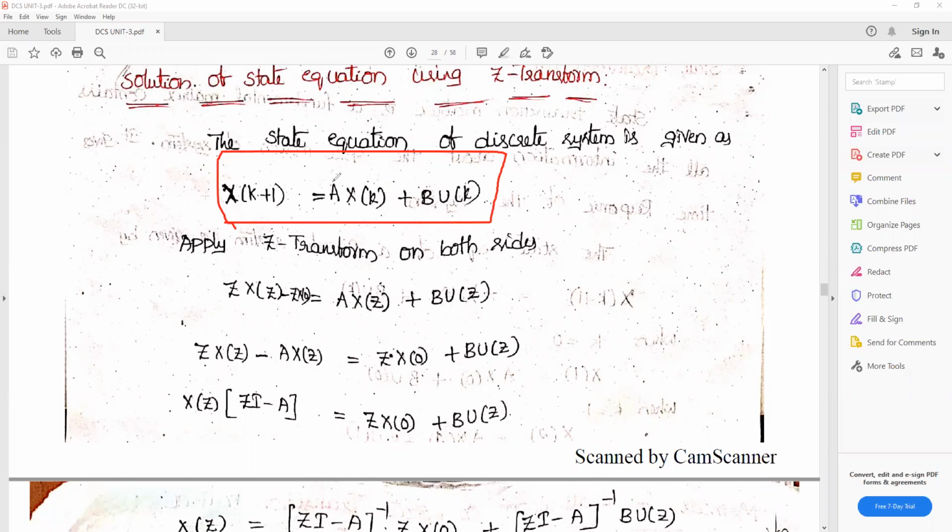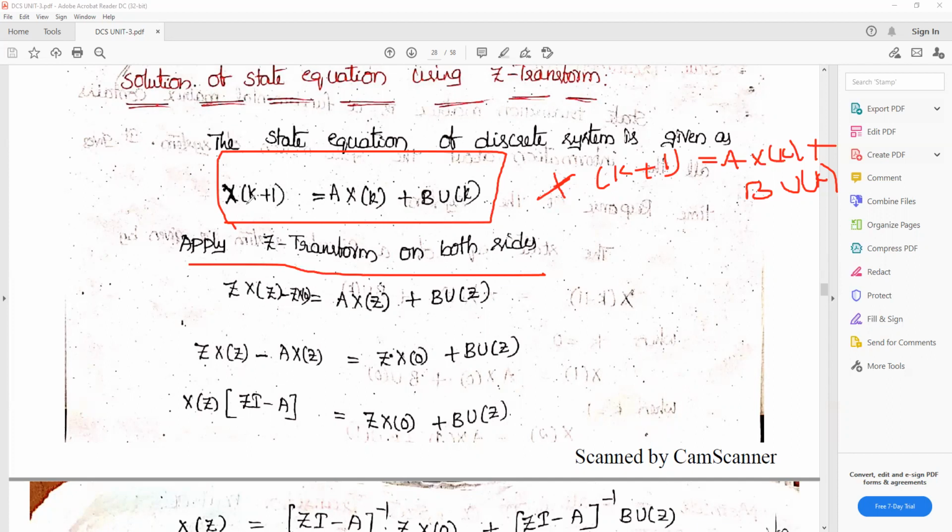So the Z transform of x of k plus 1 is z into X of z minus z into x of 0.